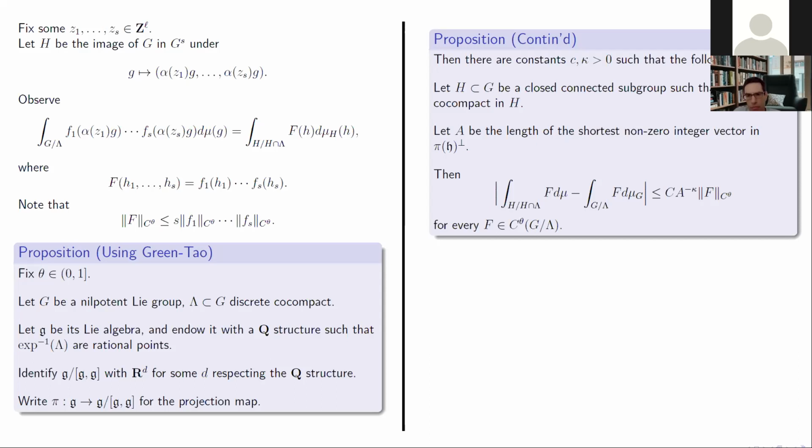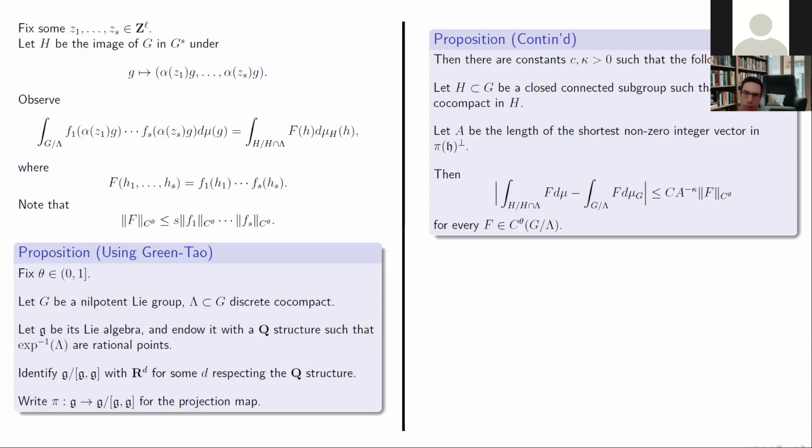Okay, so again, what does this say in the torus case? Well, now you have a torus, and inside this torus you have a subtorus. What does it mean?